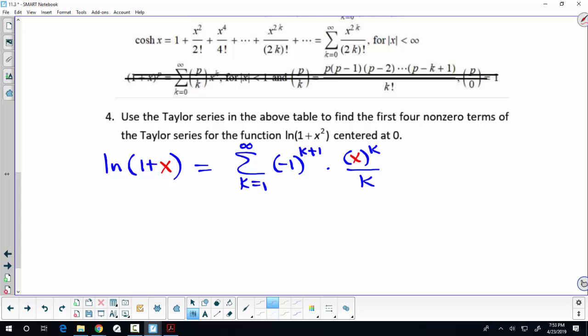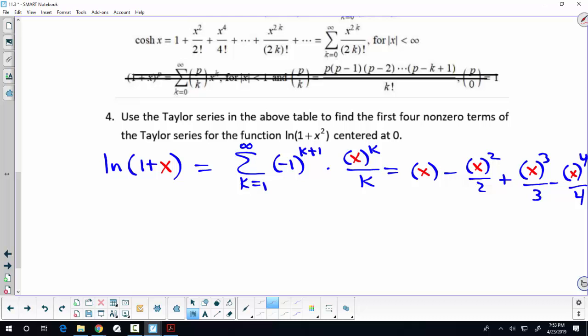And then we'll write out the first 4 terms: it was x minus x squared over 2 plus x cubed over 3 minus x to the 4th over 4. So we did that example previously.